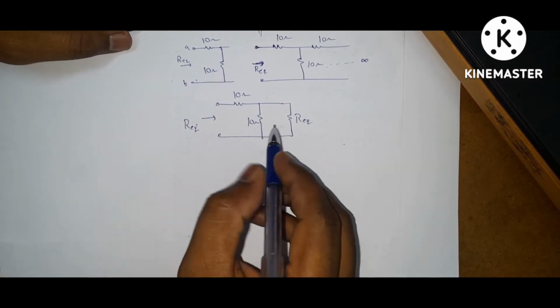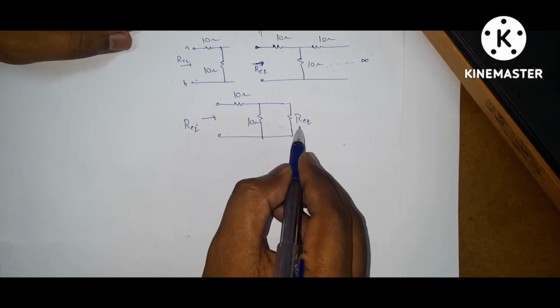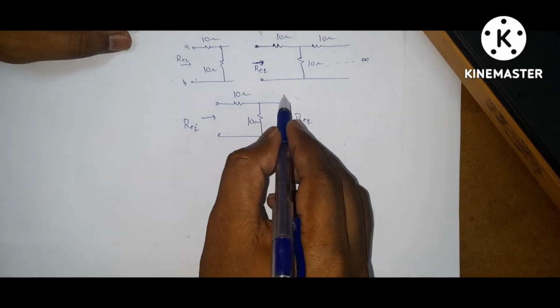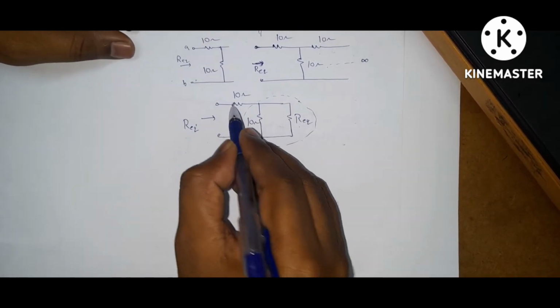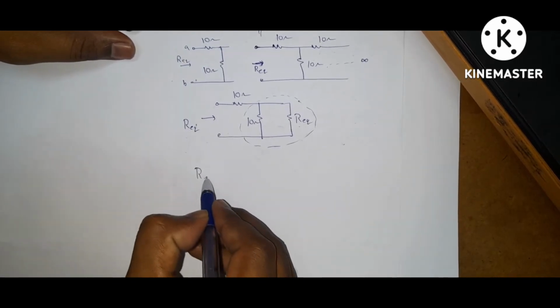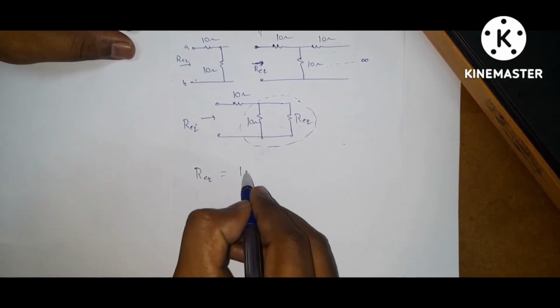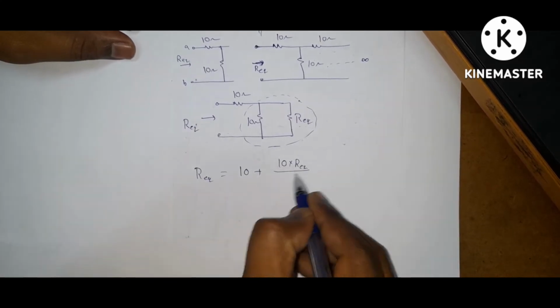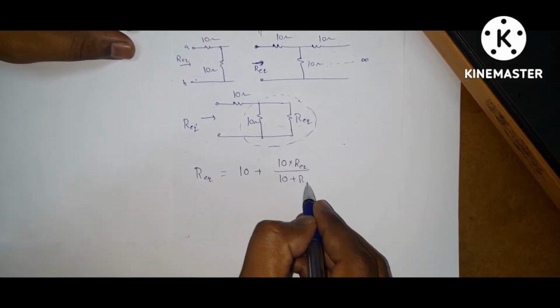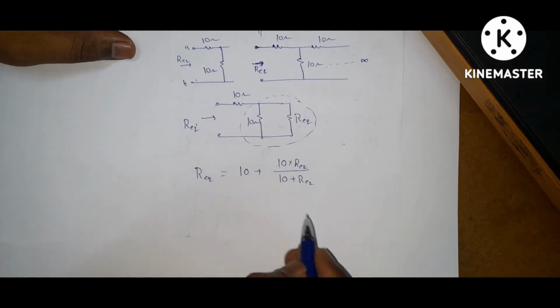If you observe this circuit, the 10 ohm resistor and R equivalent are in parallel, and this resultant is in series with this 10 ohms. So what is R equivalent now? R equivalent is equal to 10 plus 10 into R equivalent by 10 plus R equivalent.